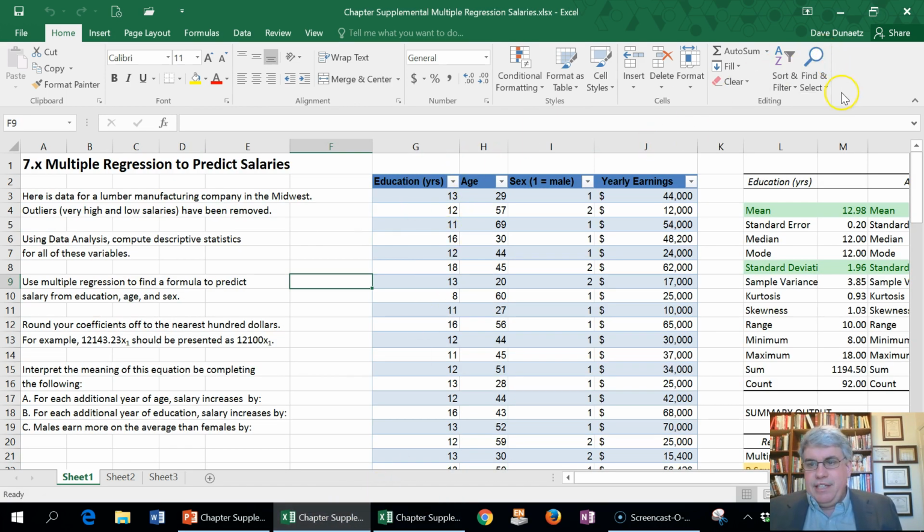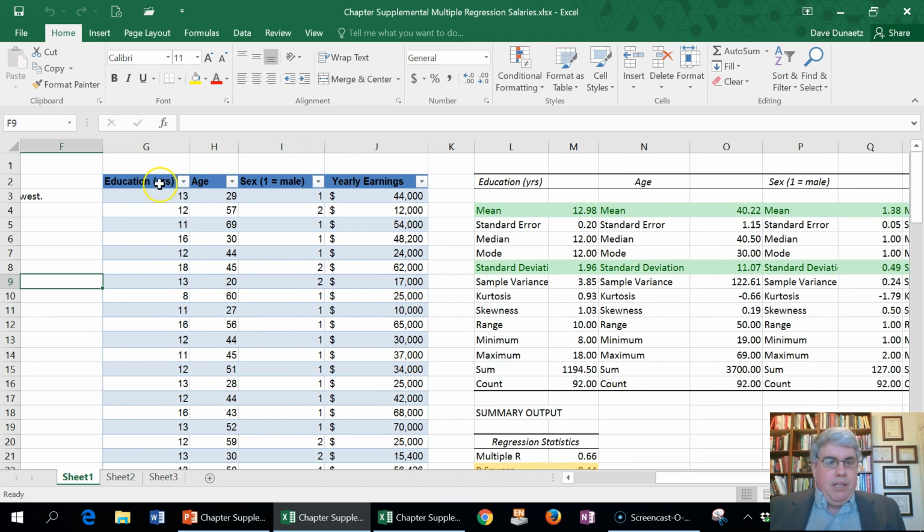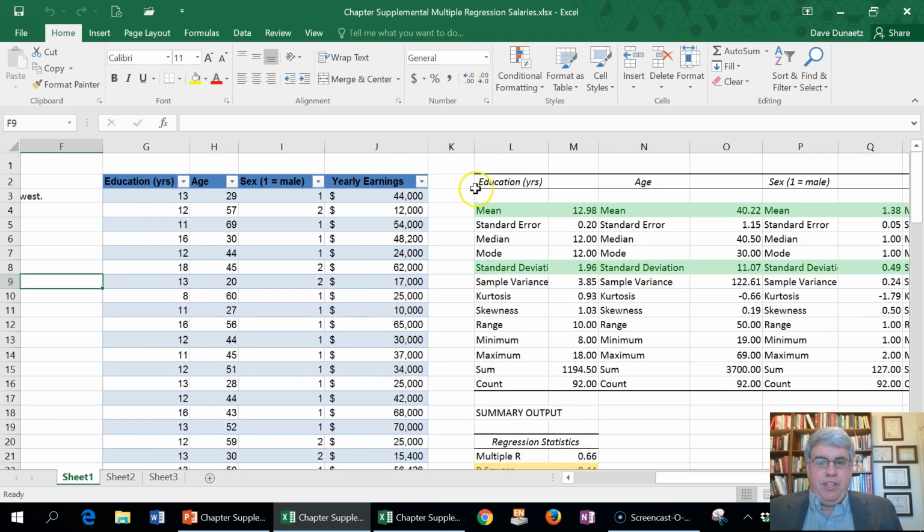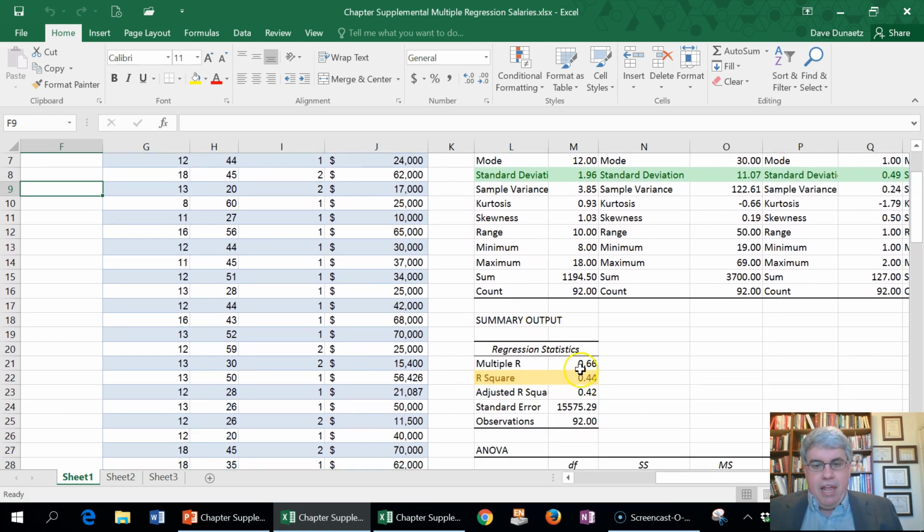Here it is. This was a homework assignment that we did, and we have the employee's education, age, and sex, and their income, and we did a regression analysis with these three variables: education, age, and sex. And we saw the output gave an R squared of .44.